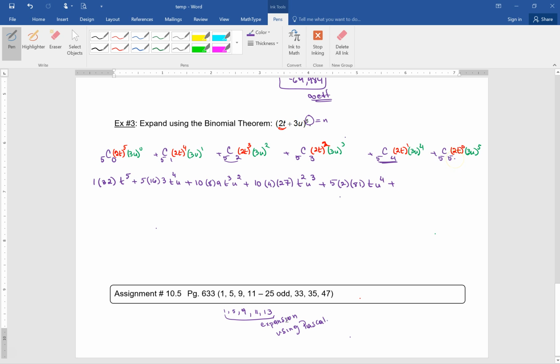And what do we know about the last coefficient always? It's always a 1. And that green one is a 1. 3 to the 5 is 243 because we just know that. u to the 5th. Okay?